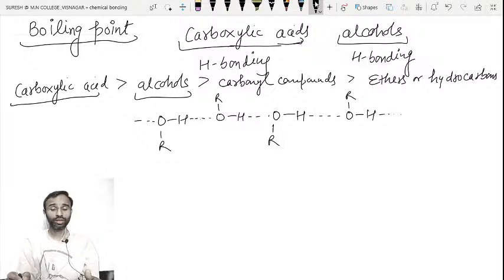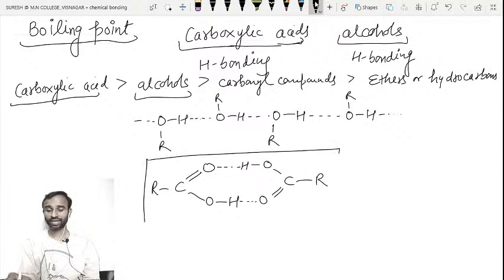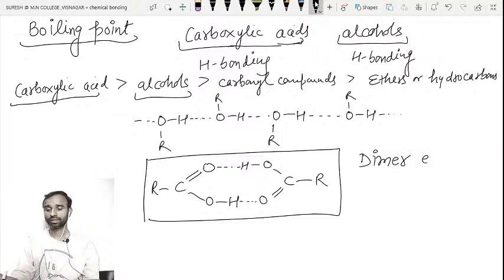But in carboxylic acids, there is hydrogen bonding in such a way that they form dimers even in the vapor phase.